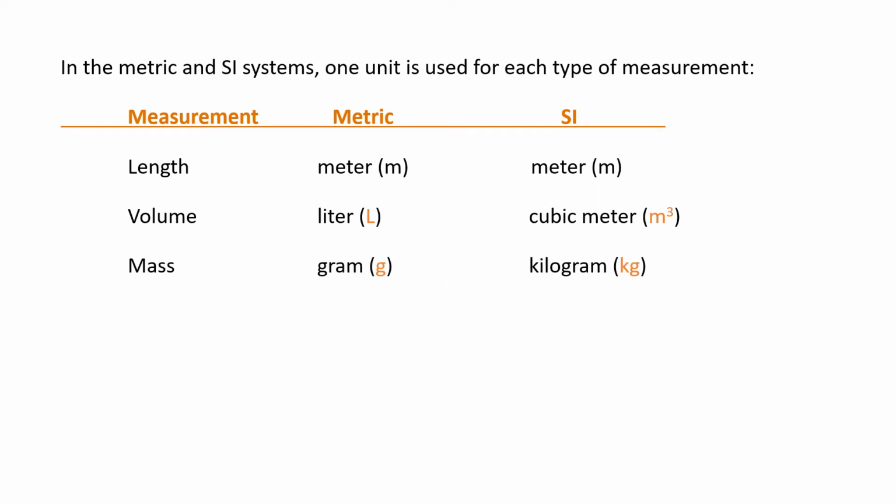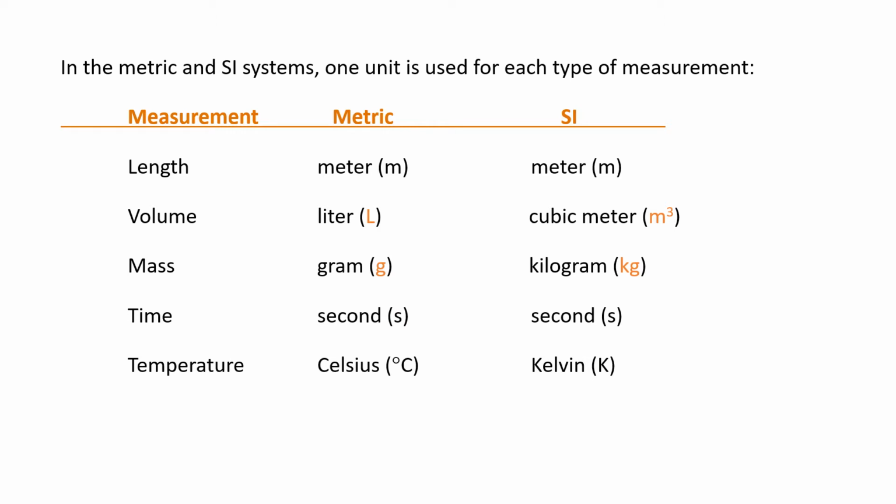Similarly, in the metric system, the unit of mass is gram, and in the SI system it is kilogram. And as you can see, the last two terms, the temperature units, are different in metric and SI systems. Now we are sure that metric and SI systems are not identical, but in most cases they are similar.